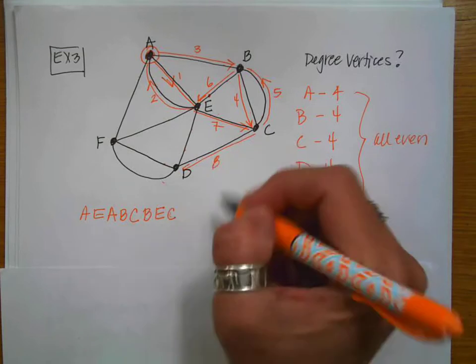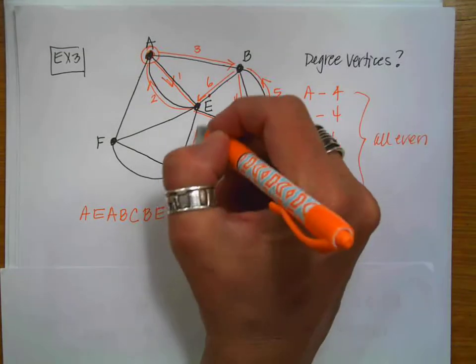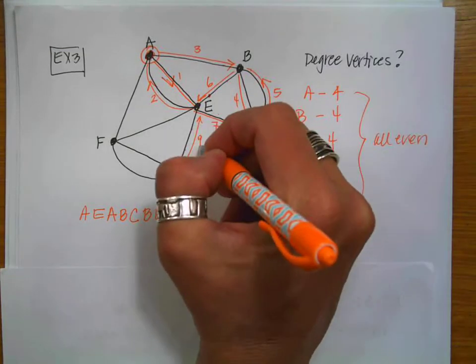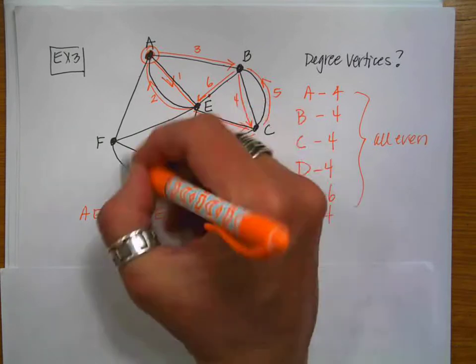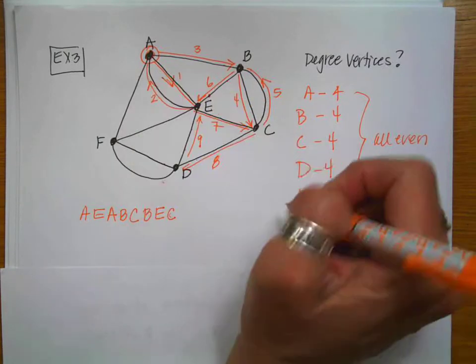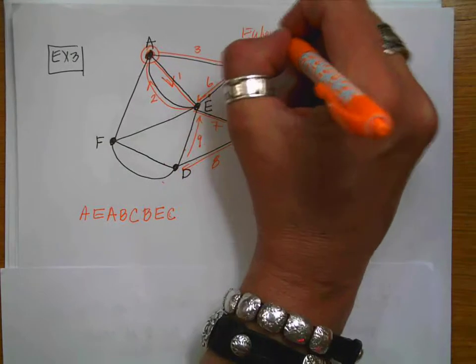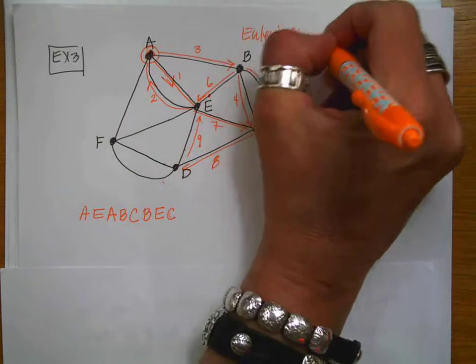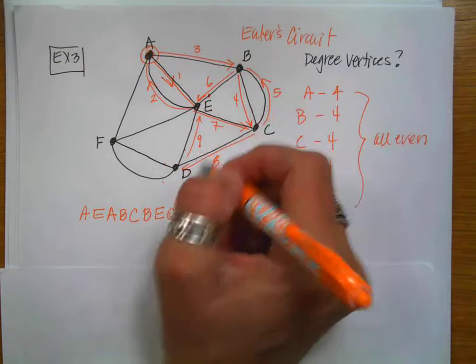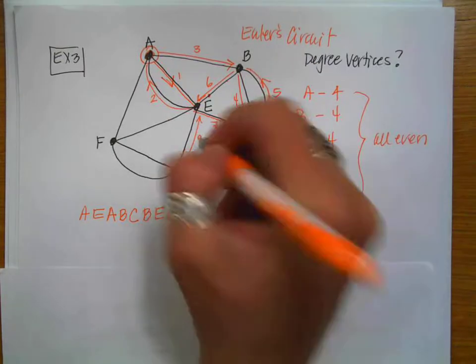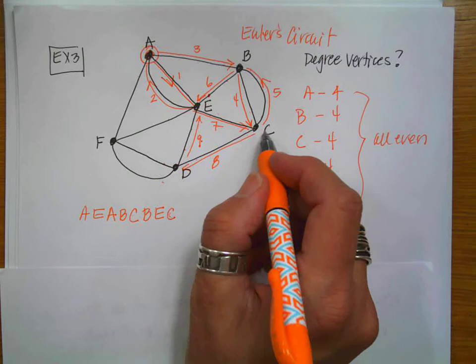And then I'm going to go to D. Here's 8. And then I'm going to go to E. Here's 9. I still have this piece to get to, and then I'm going to get back, because we're looking for an Euler circuit, in case I didn't make that clear, my bad. So the next one I'm going to do is I did this one.